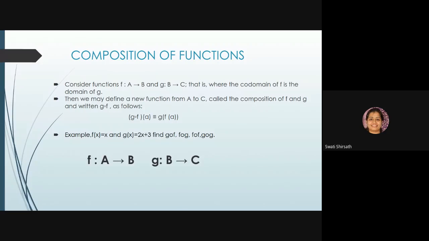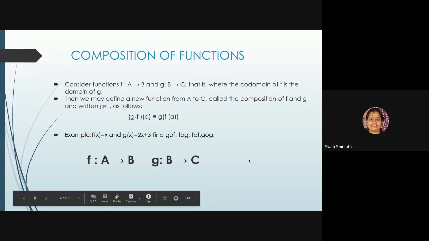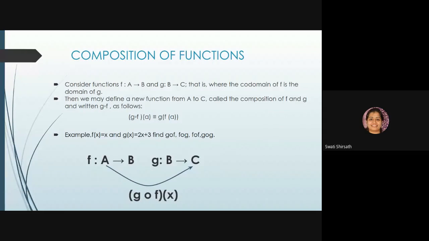So see, these two mappings are there, and a to c will give you g of f of a or x, whatever you want to call it. So these types of functions are easy to solve manually, but when the diagram is given, the mapping reverses.